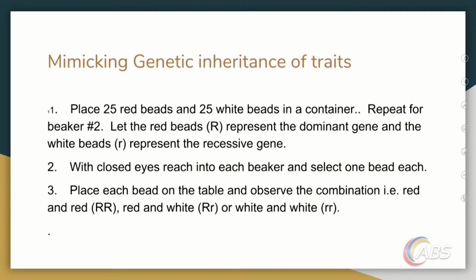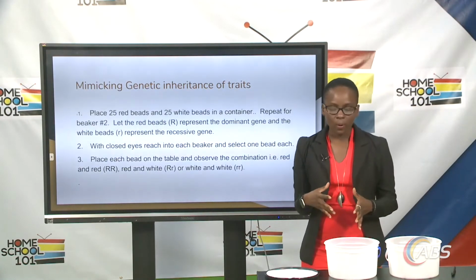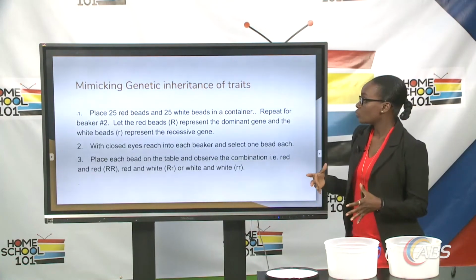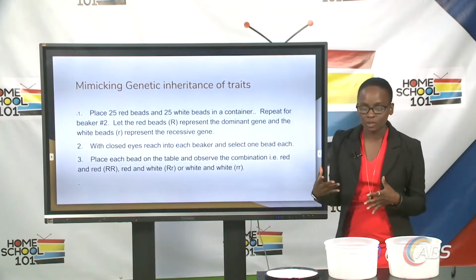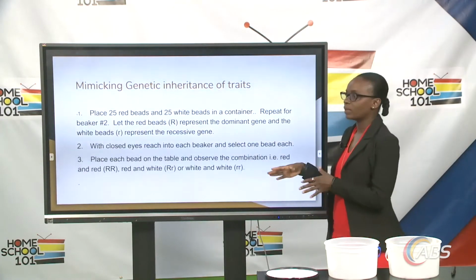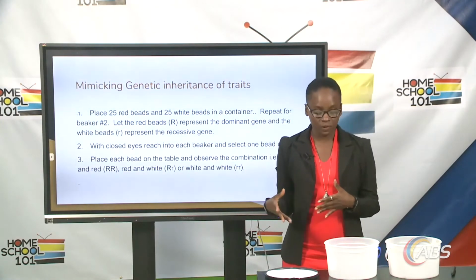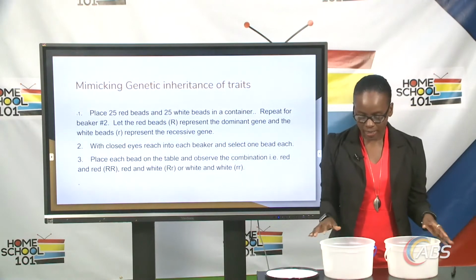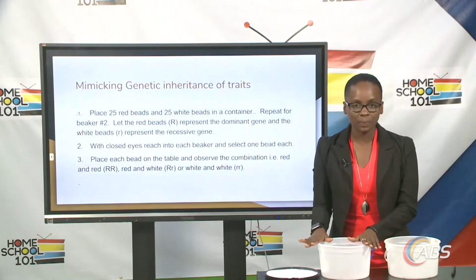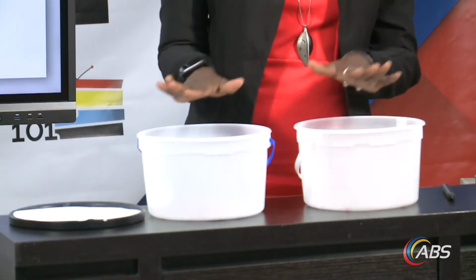All right, so what we're going to be doing now, we're going to have a little activity where we're going to be illustrating or mimicking genetic inheritance of traits. Now remember, we began with the two tall parents producing a short individual. And in the two containers, we have 25 red beads and 25 white beads in each.